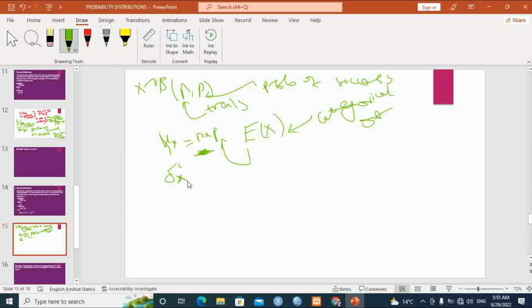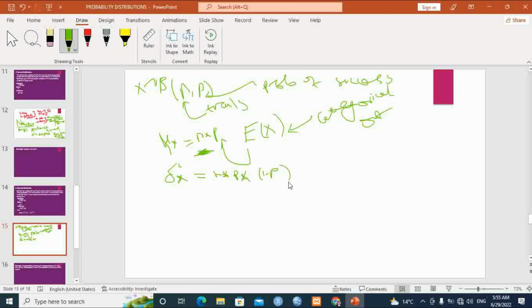So we have to remember that. It is equal to the square root of n times p times 1 minus p.